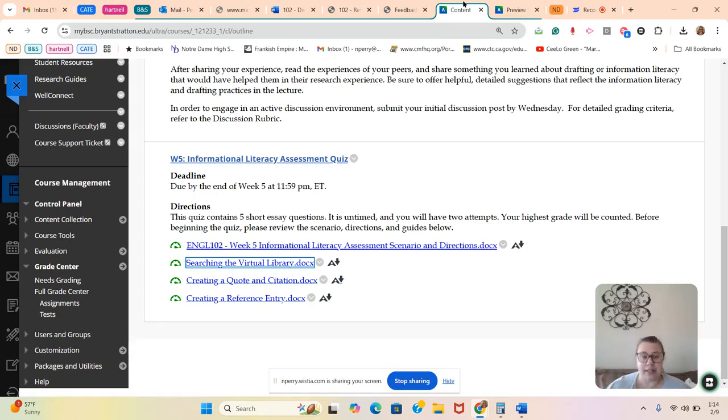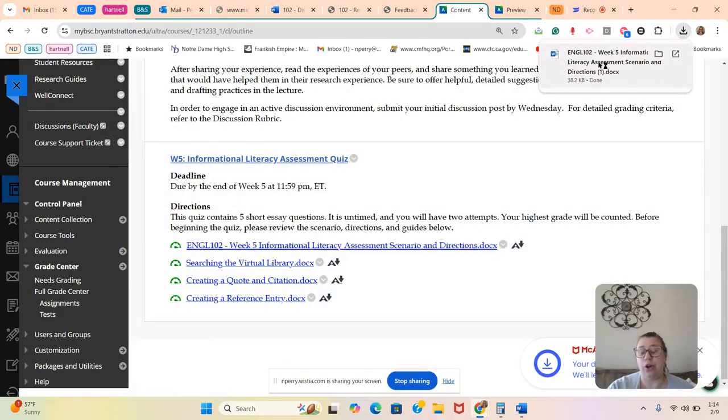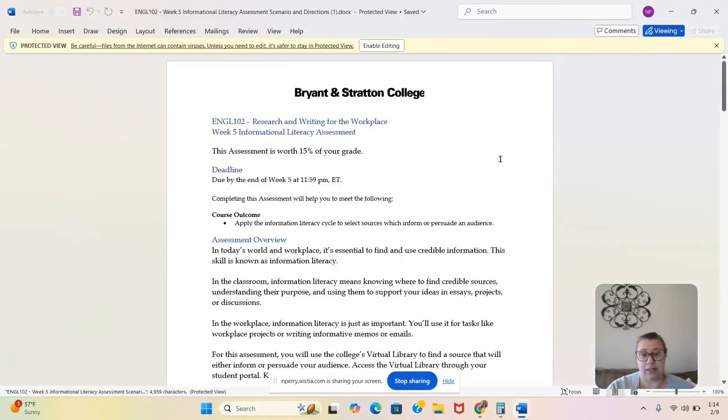In this week, you have these different resources. This first one is directions, the scenario. It's really important that you read through all of these different sources. It's really, really important with this assignment to think of its purpose.